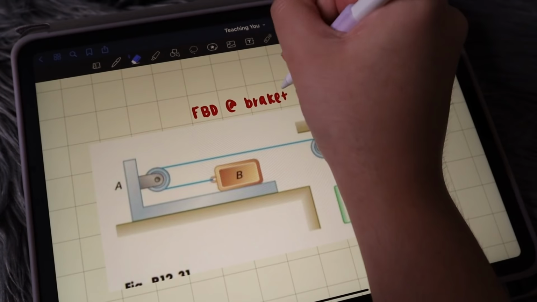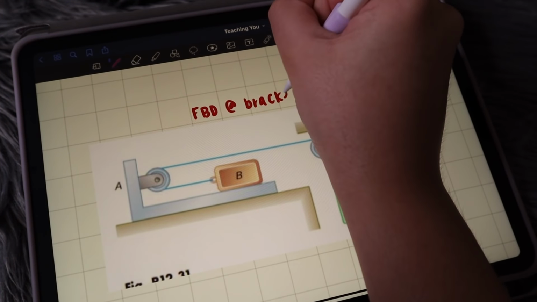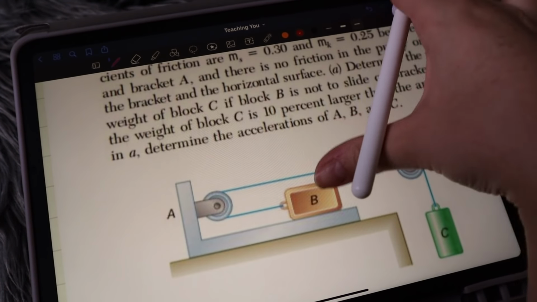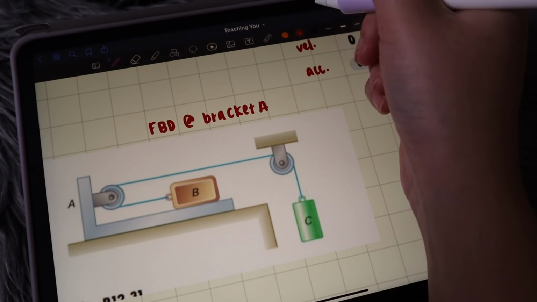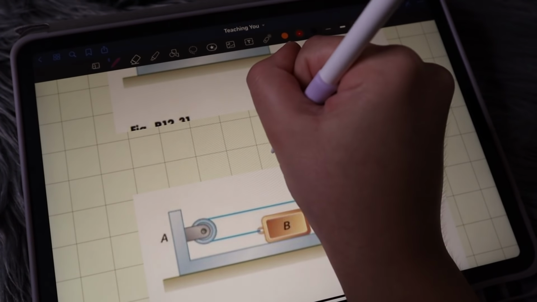Oh, I spelled bracket wrong. Bracket A. It does have a C, right? Yeah. This is why I'm not an English major. Okay. And let's just go ahead and do all of these.